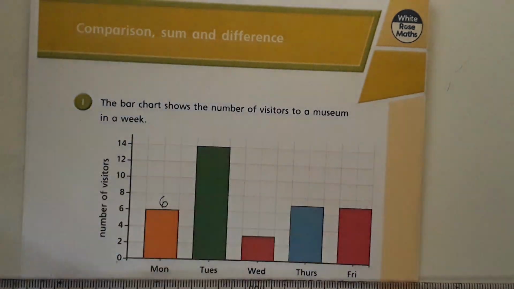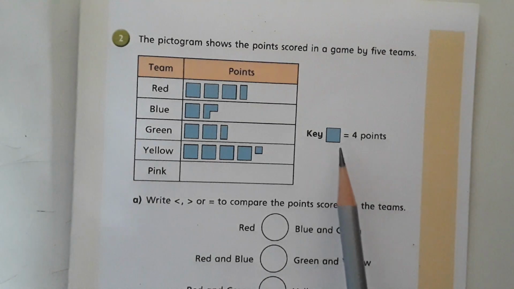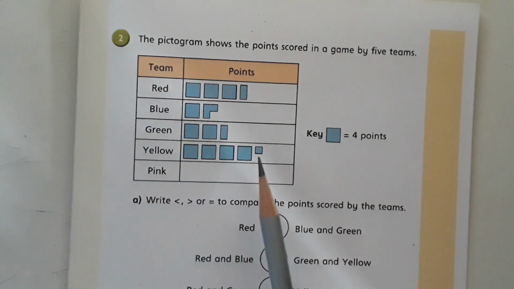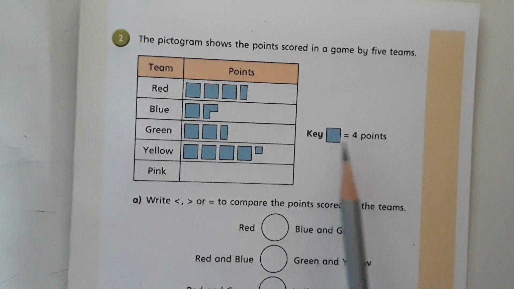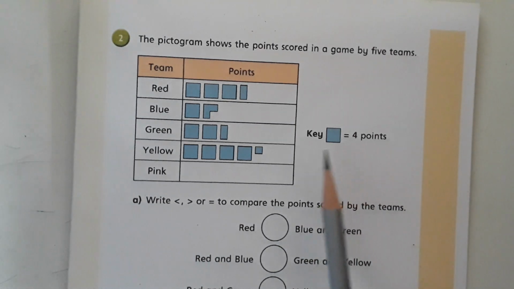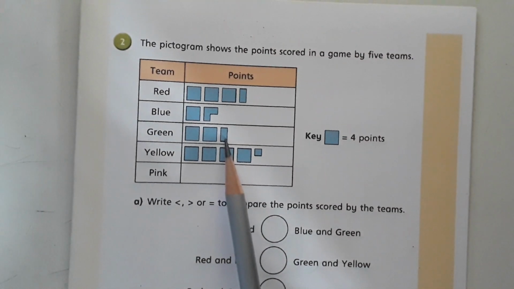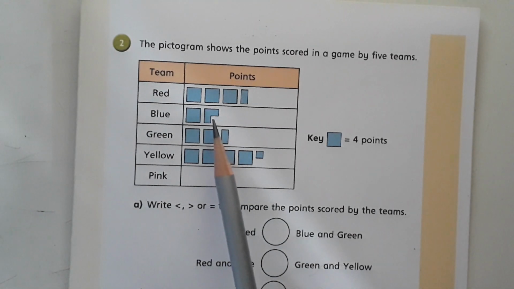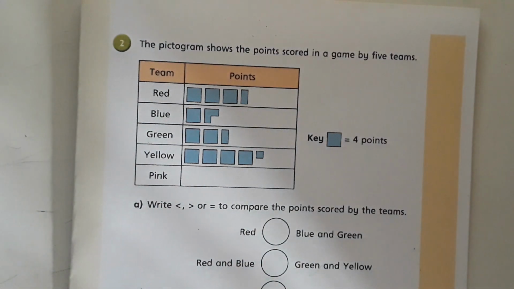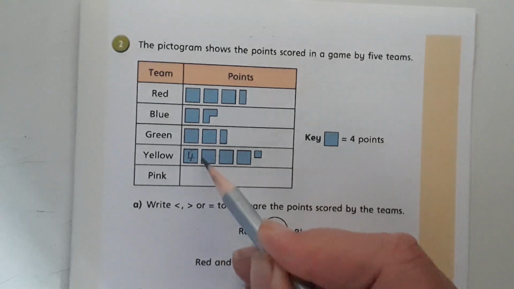Okay, another one the same as yesterday. You've got a pictogram, and each whole square is worth 4 points. So when you've got half a square, you need to think what that would be worth, and when you've got 3/4 of a square, what that would be worth. Okay, it might help you to actually write the value.